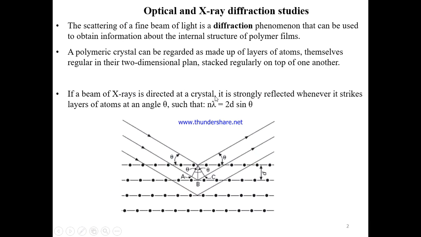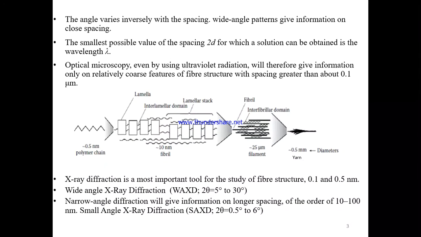That means if you use a larger value of theta, that will give you information of smaller spacing. So for measuring the smaller spacing, you need to use a wide angle, because theta and the spacing d are inversely proportional in this formula.